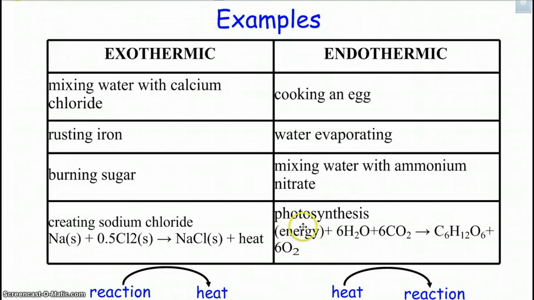So energy plus water and carbon dioxide went into the reaction. That makes sense. Heat going into the reaction. And because of that, glucose and oxygen are made.